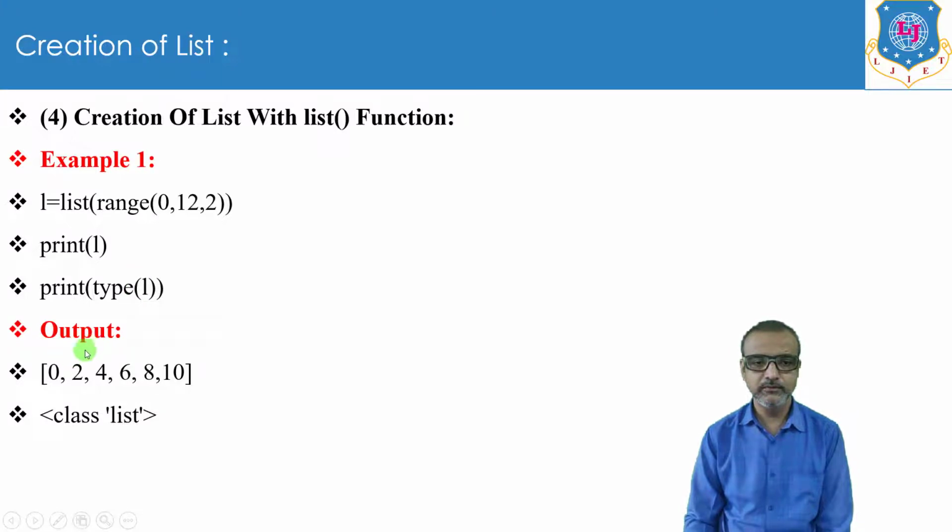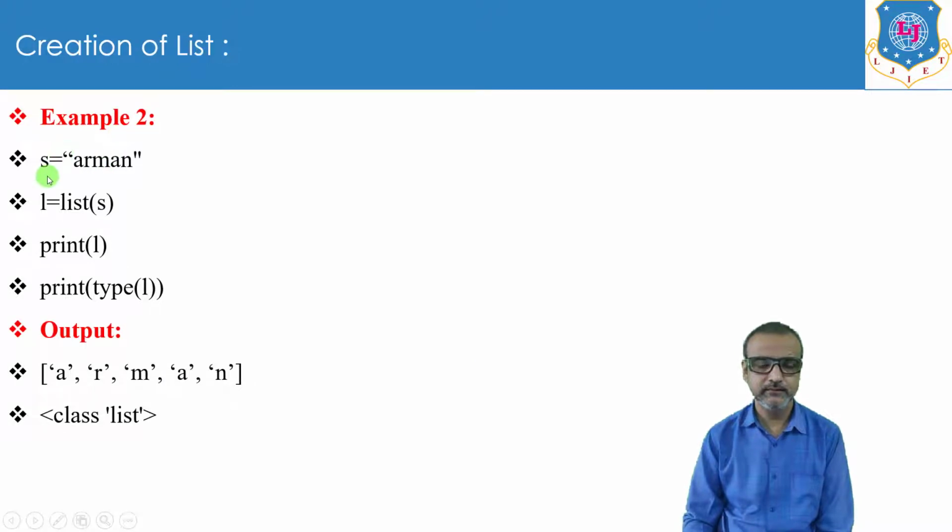So what is the output? The output is 0, 2, 4, 6, 8 and finally 10. And what is the type of variable L? That is class list. Now we will see example 2 based on this list function.